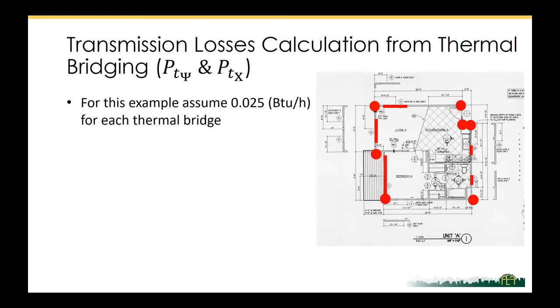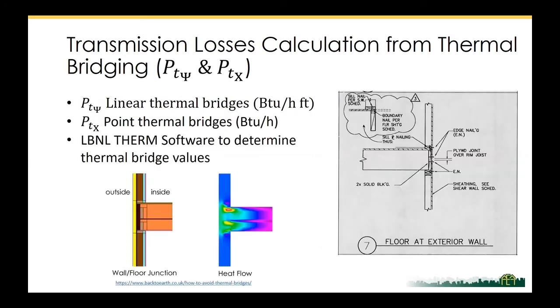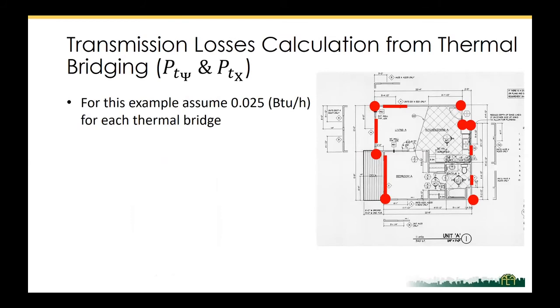So for this case, oh, sorry, I forgot one thing. If you were to actually calculate the thermal bridges, you would want to use software to do so. And Lawrence Berkeley National Laboratory THERM software was recommended by the Passive House Academy. And I did not do that for this project.